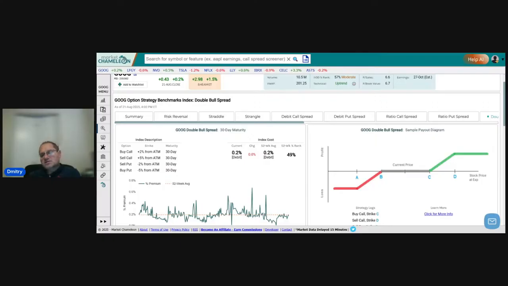So that's why, in this situation, converting it to premium or cost can be beneficial to track a multi-leg strategy.